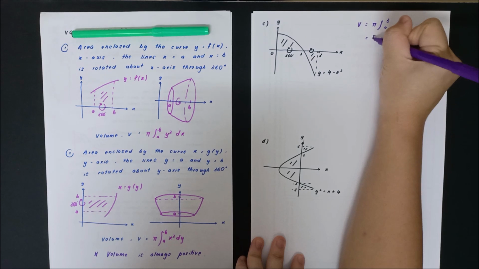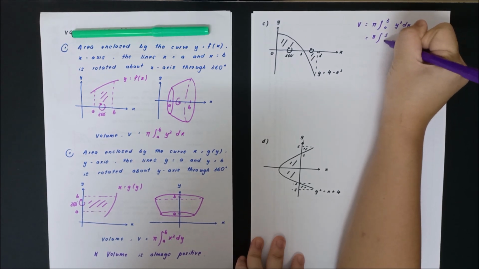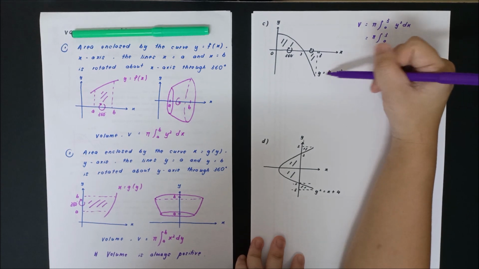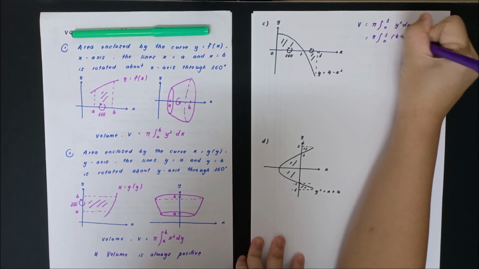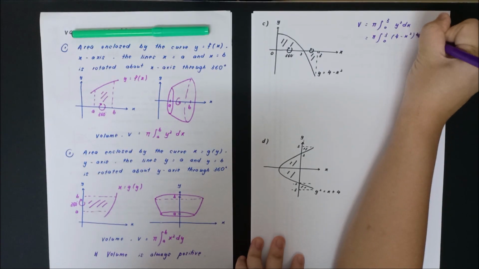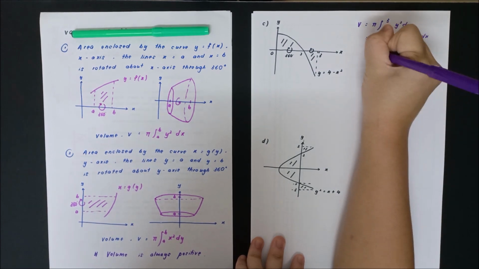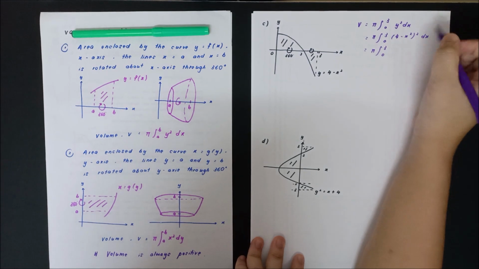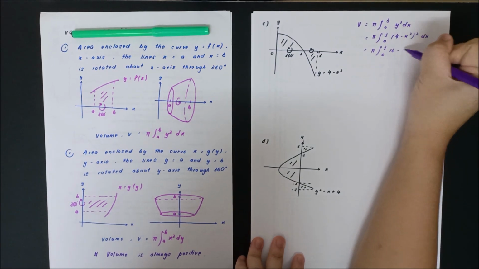Okay, so pi from 0 to 3. So what is your y squared? For this case, this is given in y, so meaning the function we will need to square it. Okay, equals to pi from 0 to 3. After that, expand it.